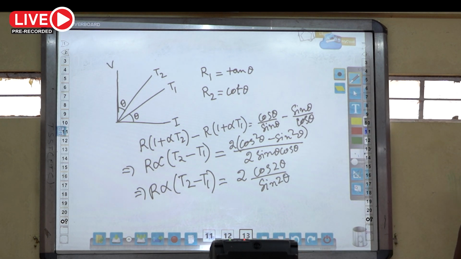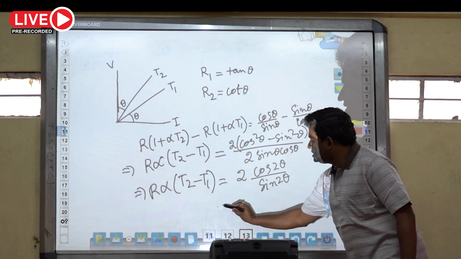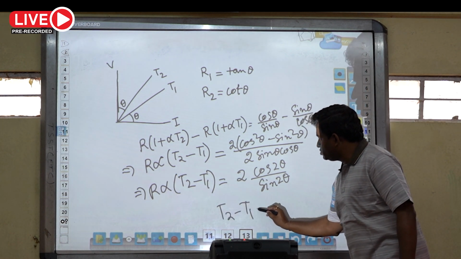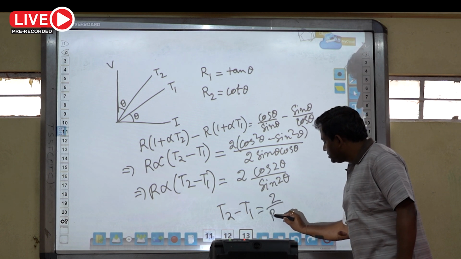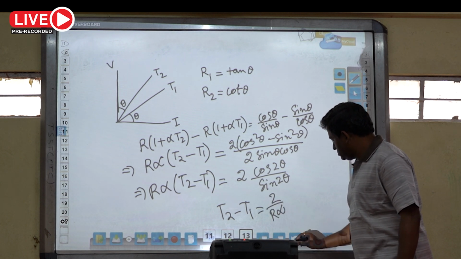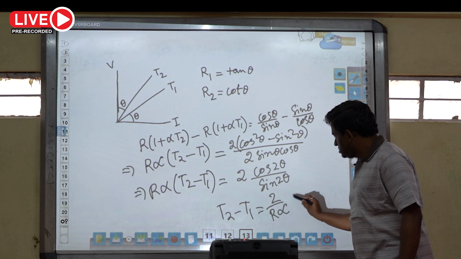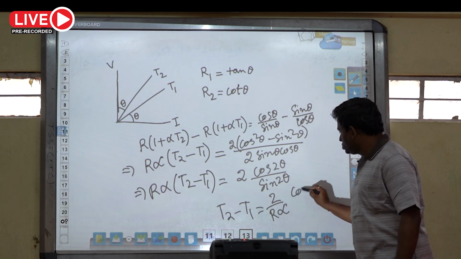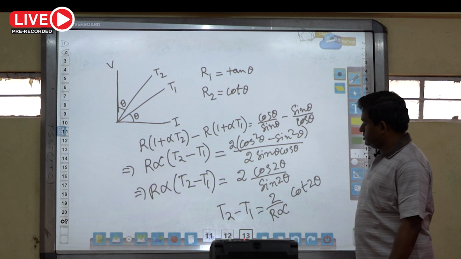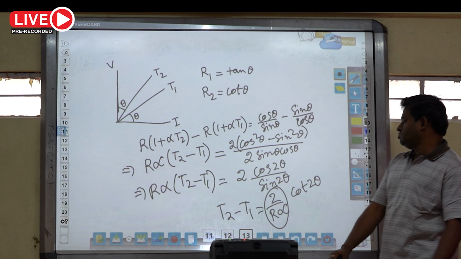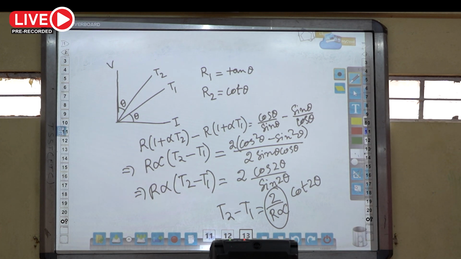Then we can write T2 minus T1 equal to 2 by R alpha into cot 2 theta. So this entire term is constant. So T2 minus T1 is proportional to cot 2 theta.